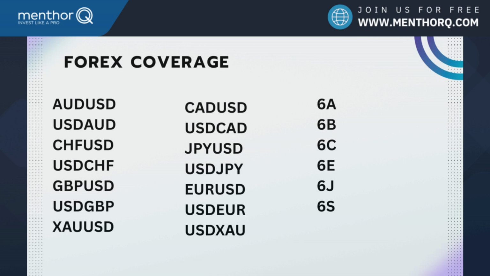So we have Australian dollar, Swiss franc, British pound, gold, Canadian dollar, JPY, euro, and so on. So those are all available. Blind spots are available on the currency pairs as well as the futures assets, so 6A, 6B, and so on. Those are all available within the indicator.